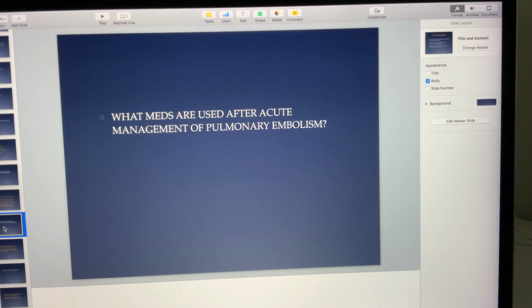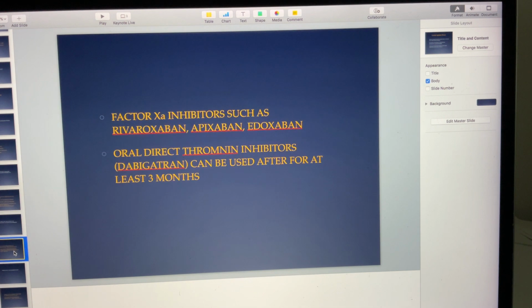Next question: what medications are used after acute management of pulmonary embolism? So for acute management, you use heparin, but then after that, what do you want to use? You want to use factor X inhibitors. Okay, factor X inhibitors. That's the next thing you want to use. An example of those, you can use things like rivaroxaban, apixaban, edoxaban.